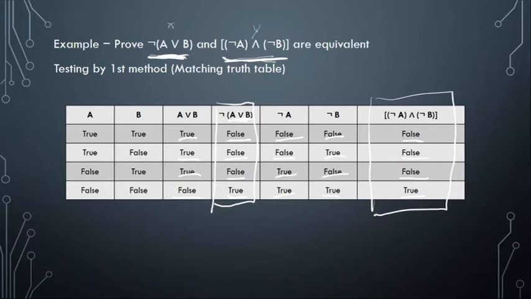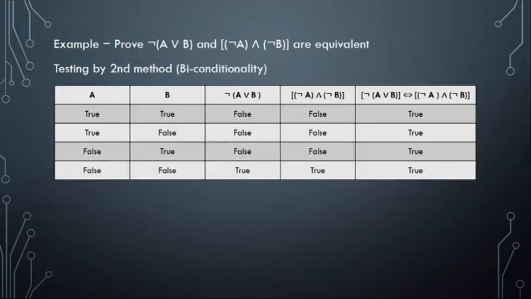So that's the first condition: they need to have the same return values in the truth table. Another condition is that it is a tautology using the biconditional method.